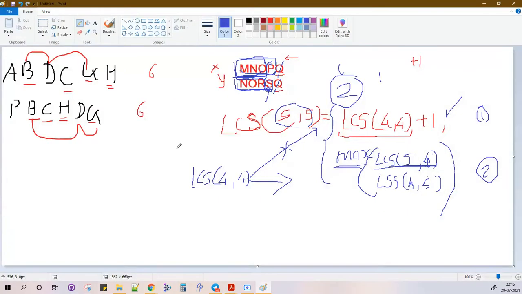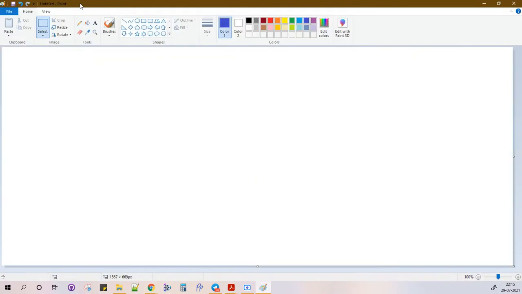See, let me write the problem clearly. So what we are doing is A multiplied by B multiplied by C multiplied by D. If I'm having something like this, then there are possibilities. See, if I take the group of two, then A multiplied by B has some cost, B multiplied by C has some cost, C multiplied by D has some cost.